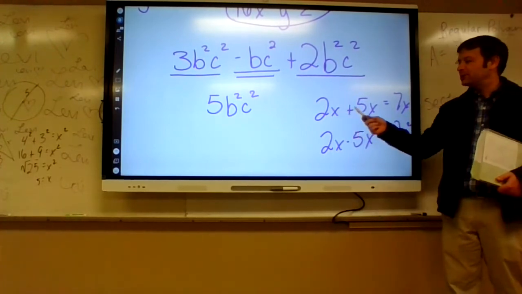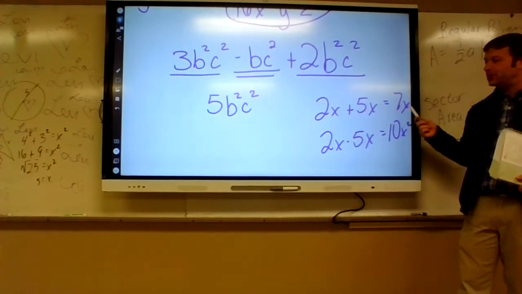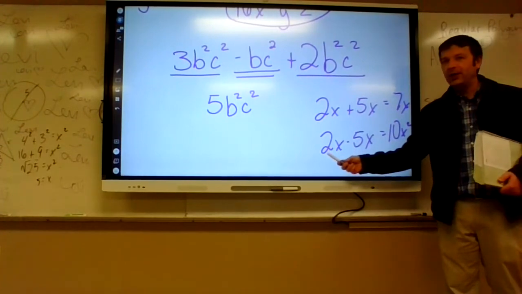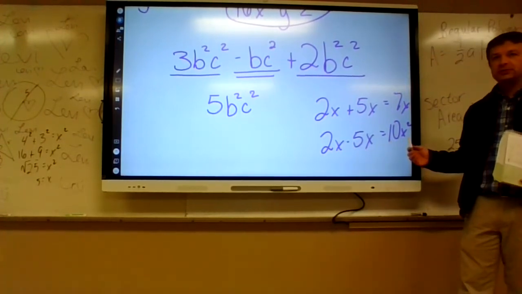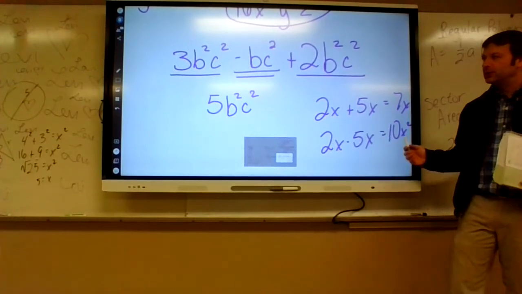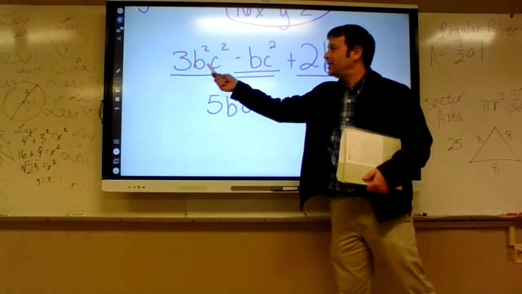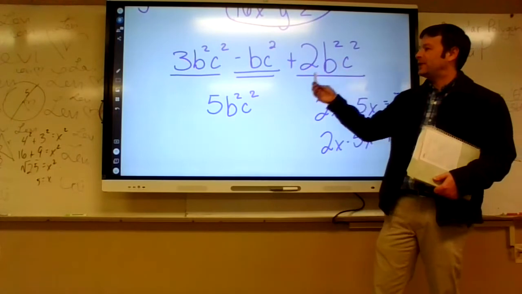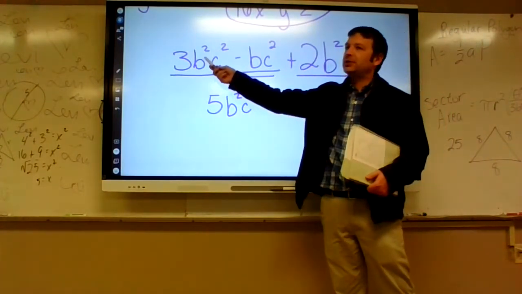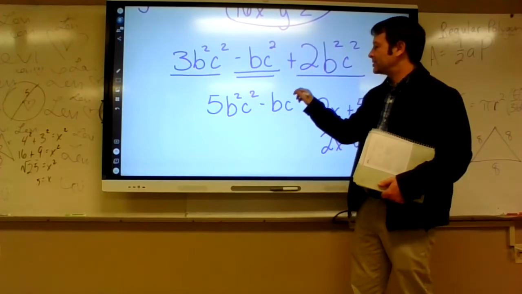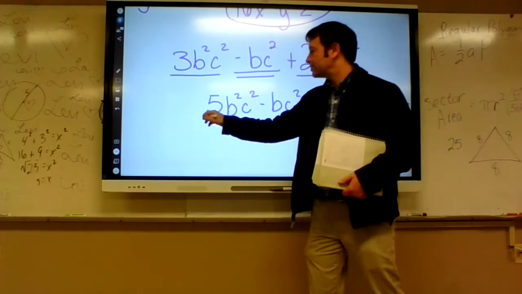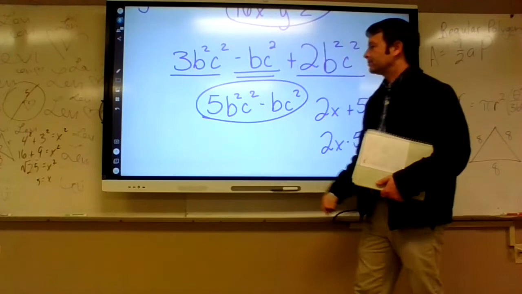We said 2 of those plus 5 of those equals 7 of those. The exponent did not change. When we multiplied, that's when the exponent changes. Does that make sense? So 3 of these plus 2 of these equals 5 of those, not something different. So b squared c squared stay the same. And this will stay the same also, so that's the answer.